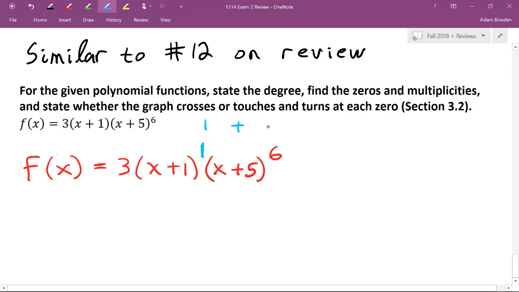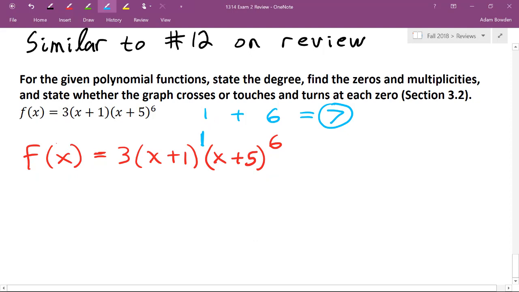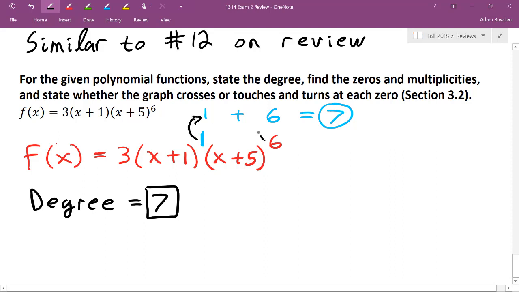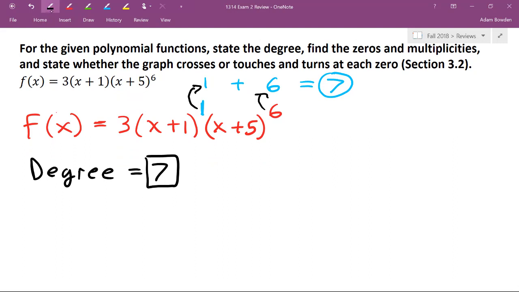We add that together with the power of 6. And so 1 plus 6 gives us 7. So combined, these tell us that the degree is equal to 7. Okay, so that's how we're going to get the degree when it's written this way.